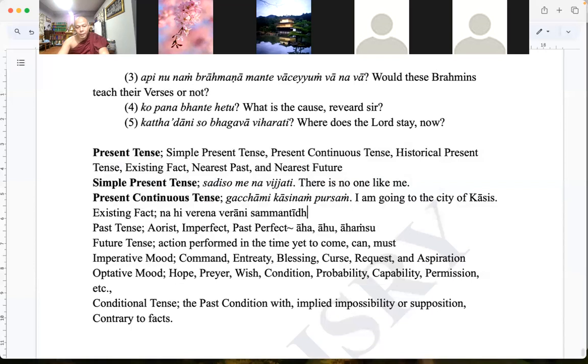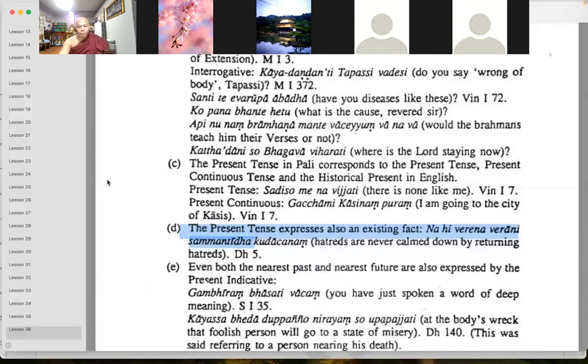So hatreds are never calmed down by returning hatreds.